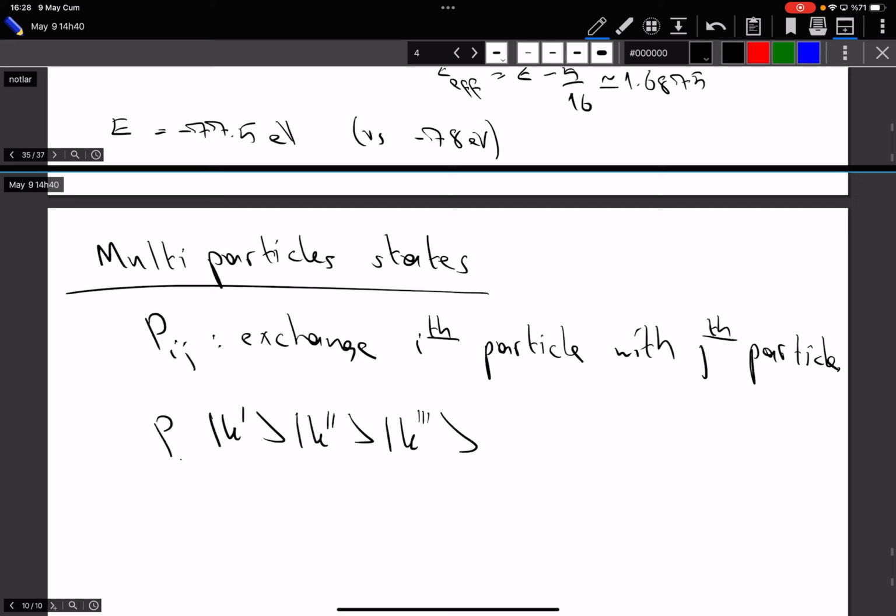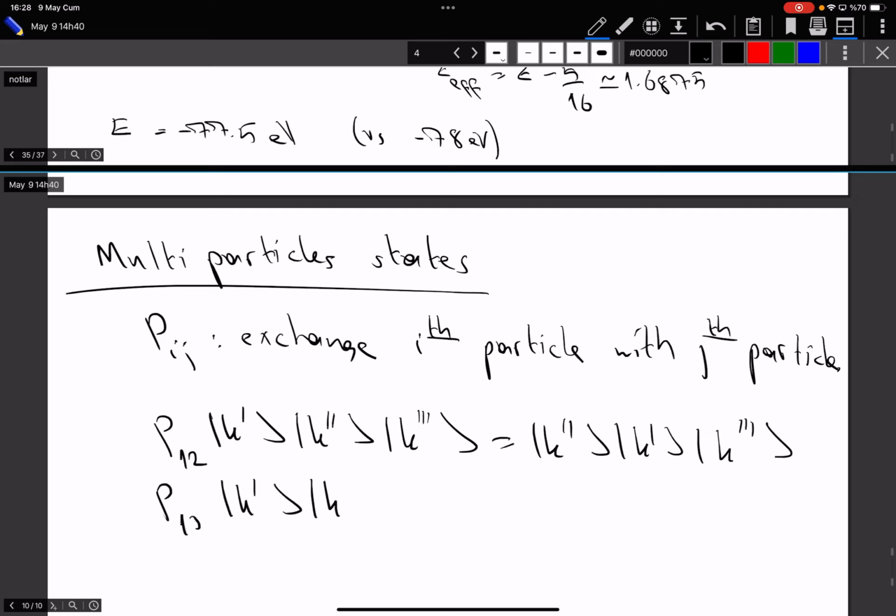If I act on this with P12, I will get k double prime, k prime, k triple prime. If I act on the same state with P13, etc. So this is just an obvious generalization.